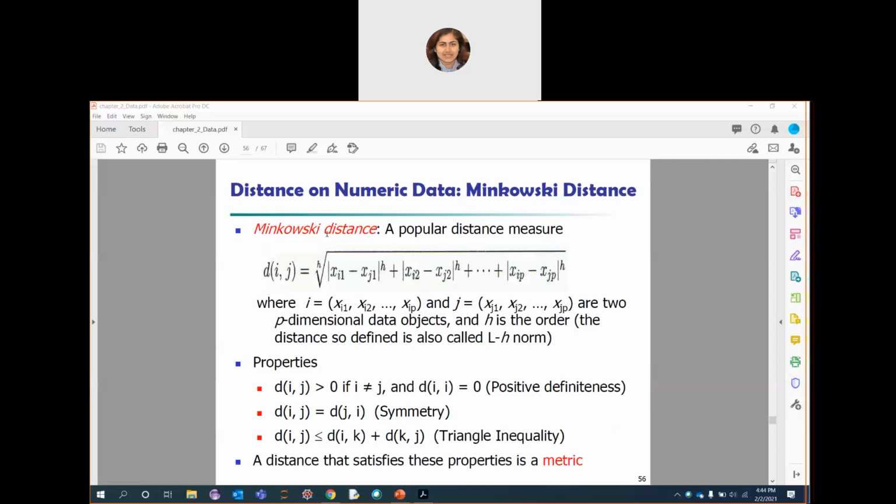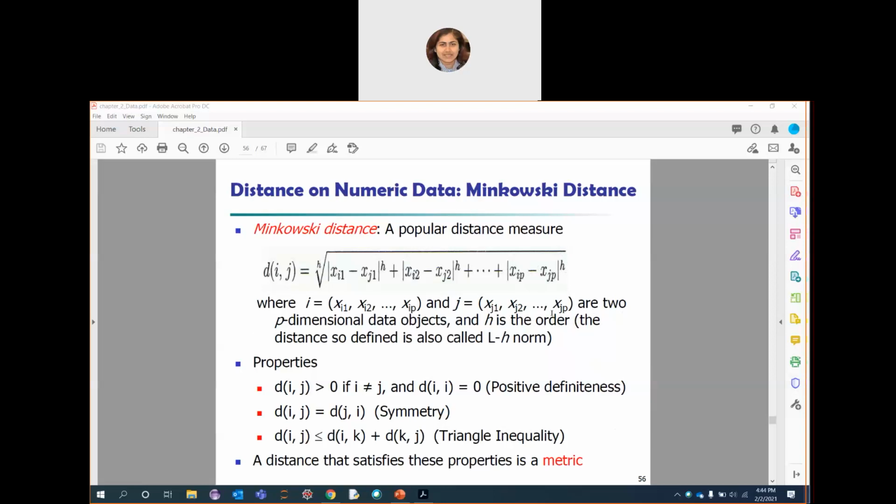Actually, the Minkowski distance is the origin, which is a generalization of Euclidean and Manhattan distances. Here, if you see the formula, h is a real number and it is always greater than or equal to 1.